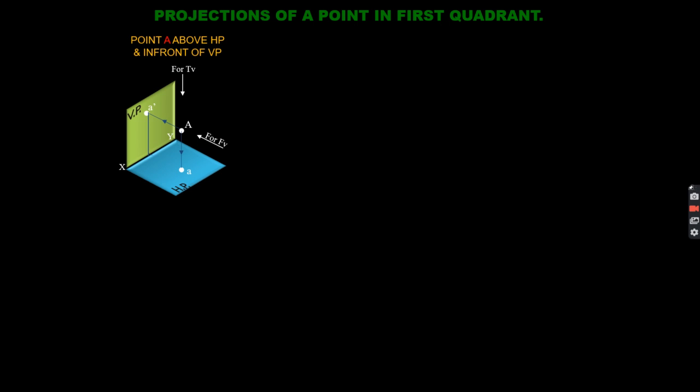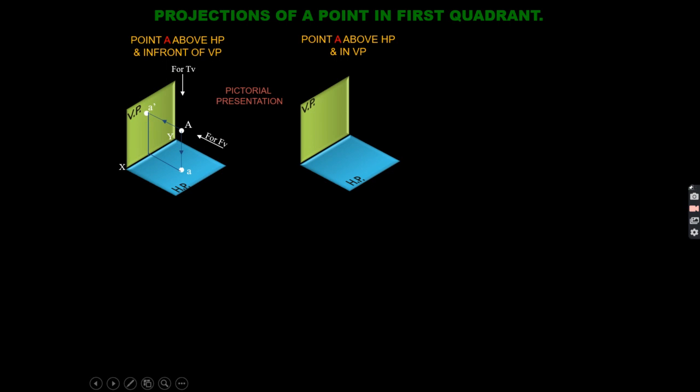In a similar way, there is another example: point A is above the HP and in the VP. Okay, so above the HP means your point will be somewhere here, and in the VP means this is your vertical plane. Means this time your point is nothing but in the vertical plane. Like this, the front view of this point will be this one only, and this is your top view.